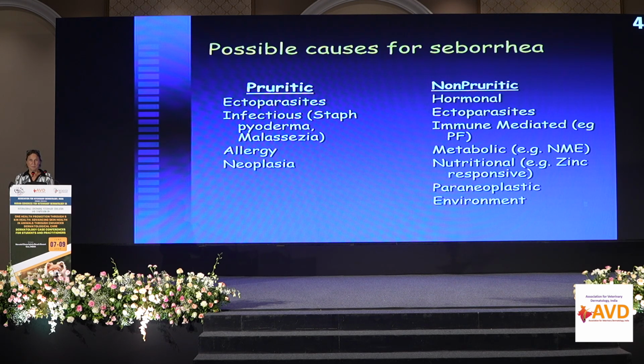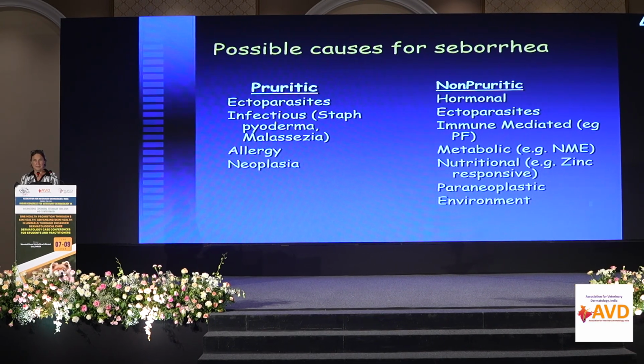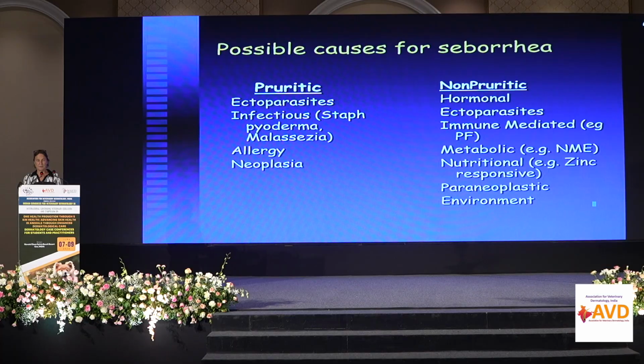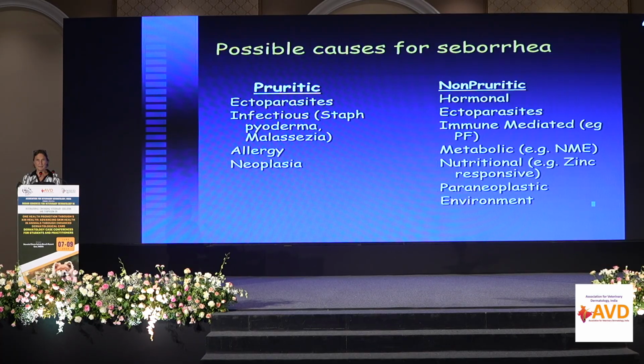And then I put allergy and neoplasia, and with neoplasia, I mean lymphoma. On the other side, there are the non-pruritic diseases, so things that are non-itchy unless they're secondarily infected. So we talked about endocrine diseases already, metabolic diseases and things like that.